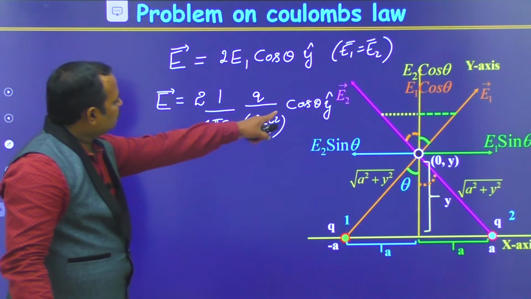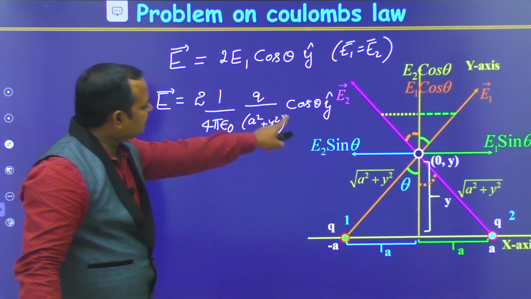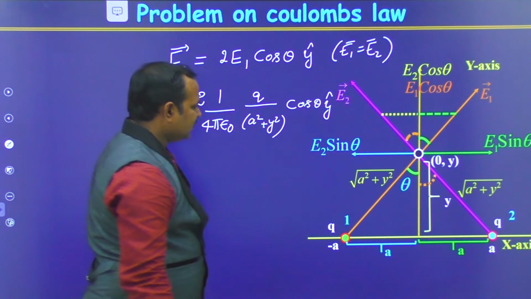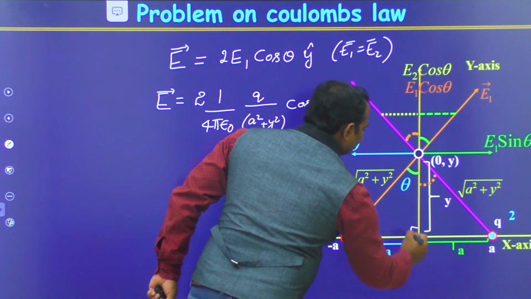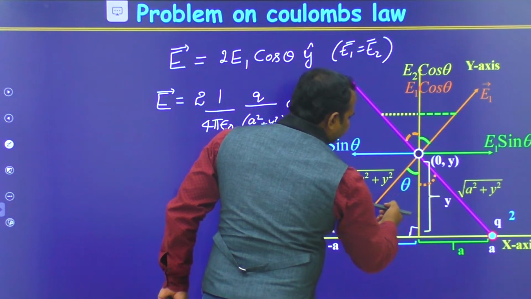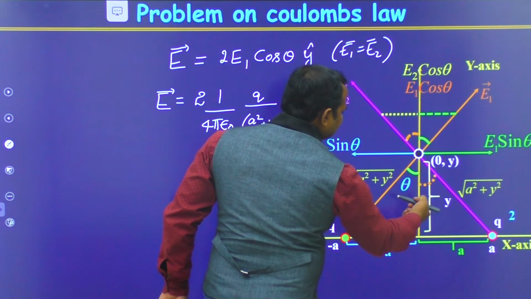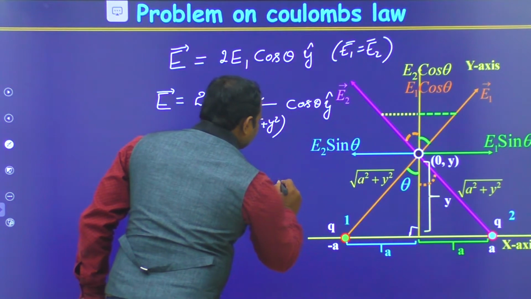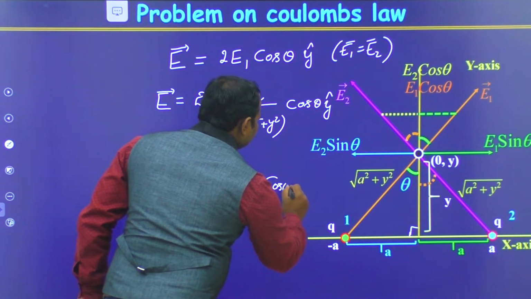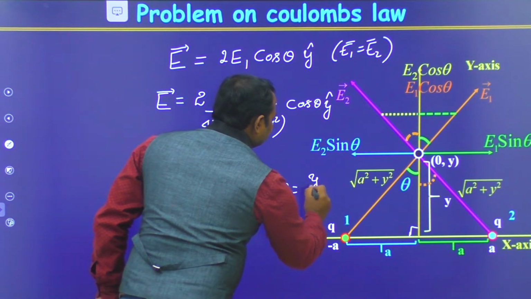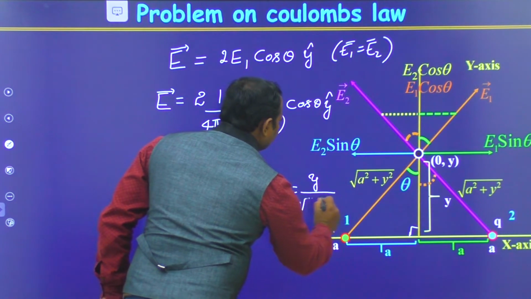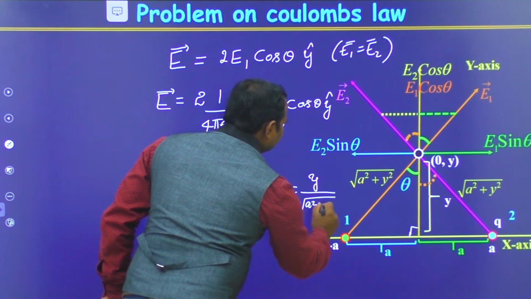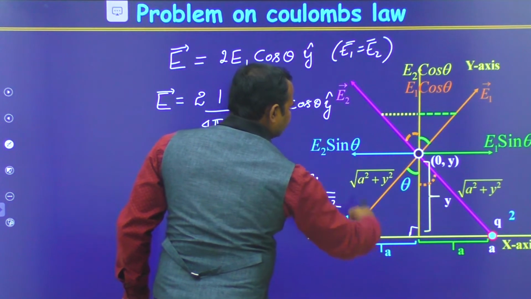Now we can actually get the cos theta value from this triangle. You can see here, this is the right angle triangle, and the cos theta in this triangle is equal to adjacent side by hypotenuse. So we can write cos theta is equal to Y by root of A square plus Y square from this triangle.